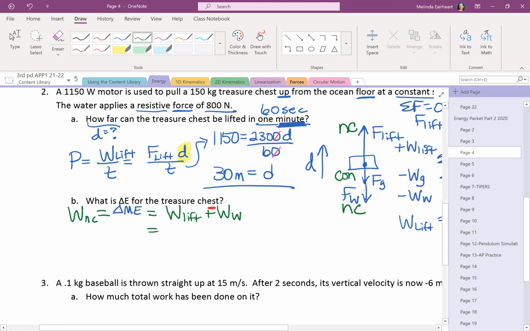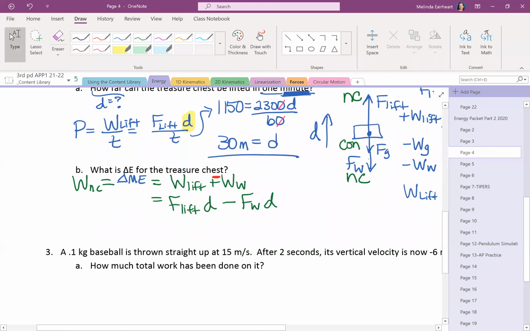And so the work of the lift, well, we know the force of the lift, and now we know the distance. And so we can say force lift times distance, and then minus the force of the water times that same distance. We don't have to, but could you factor out the distance since it's the same? Yeah. Every moment we lift it, the water's resisting. And so one last step, doesn't have to be, but you could.